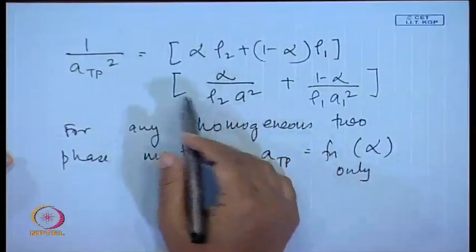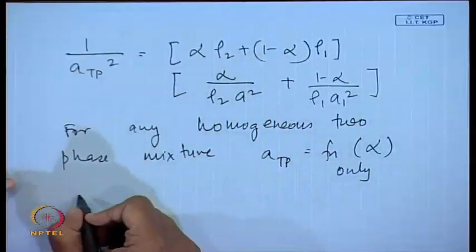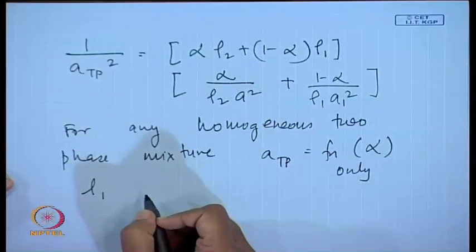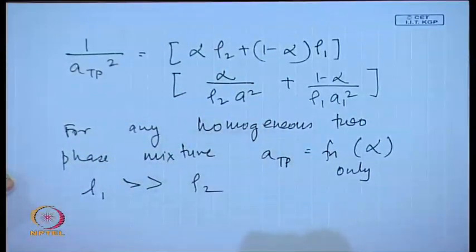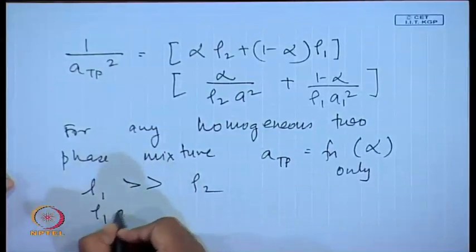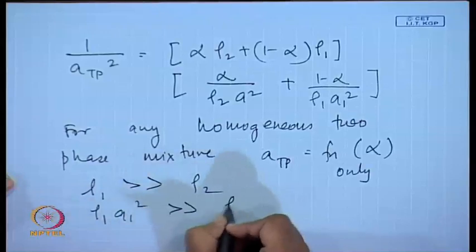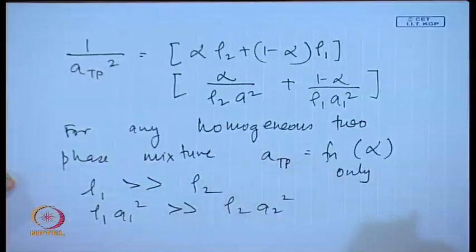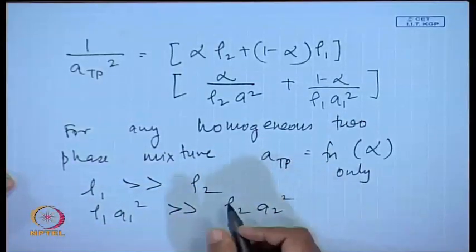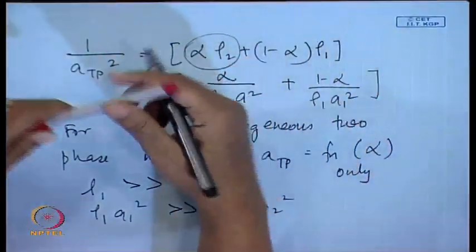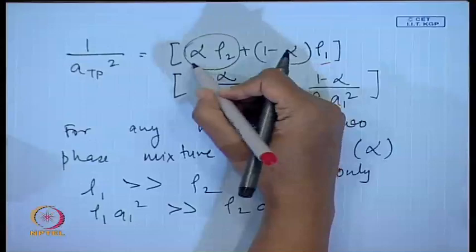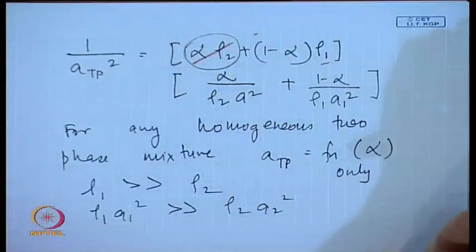Now, let us observe this particular equation. Just note that usually it is a gas liquid or a vapor liquid mixture, rho 1 has to be much greater than rho 2. Do you agree with me? And rho 1 A 1 square has to be much greater than rho 2 A 2 square. So, if that is the case, then this particular term disappears, because rho 1 is much greater than rho 2.